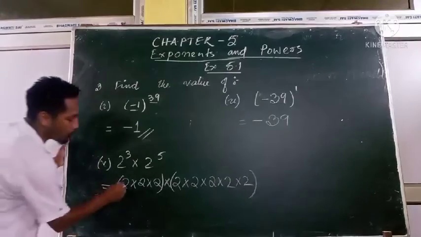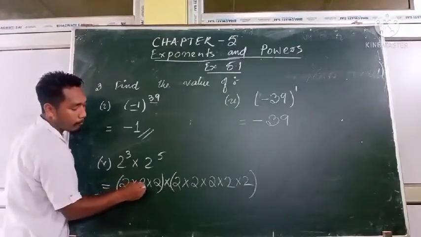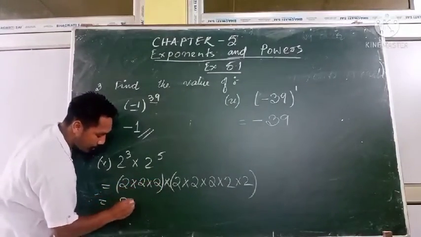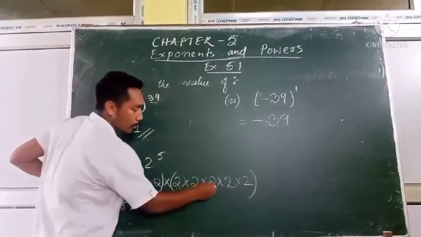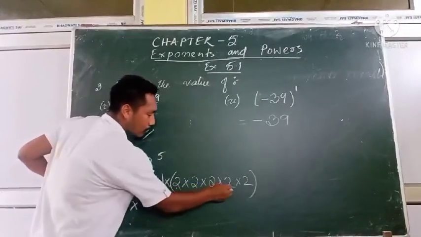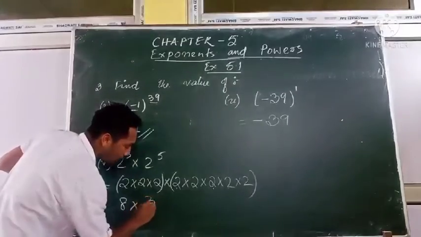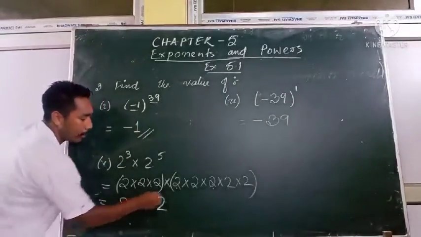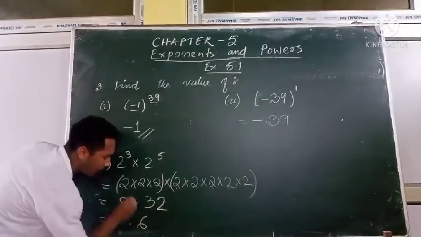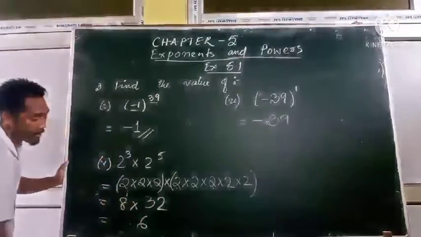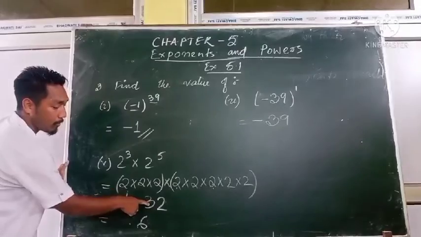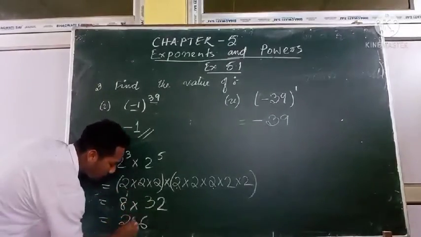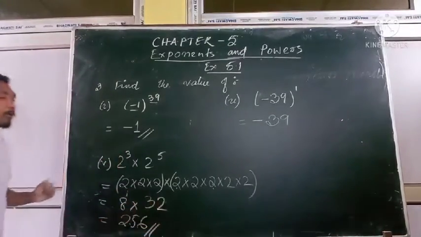Now 2 times 2 is 4, 4 times 2 is 8, 8 times 2 is 16, 16 times 2 is 32. So if you multiply 2 five times, it will be 32. Now 8 again: 8 times 32, 8 times 2 is 16, 8 times 3 is 24, plus 1 is 25. So your answer is 256. So these are your answers.